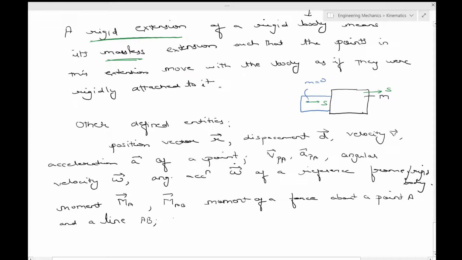Then you can have quantities like the couple or resultant force couple system.